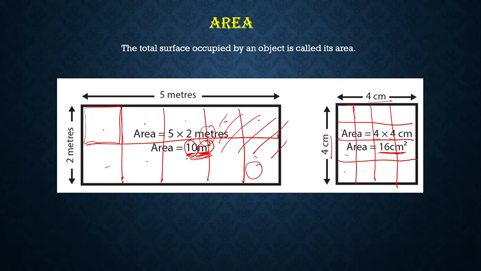Each box, the side is 1 centimeter. That's why when you say centimeter, every box is of 1 centimeter size. It's a square box, and how many square boxes do we have? We have 16 square boxes of 1 centimeter each. Here we have 10 square boxes of meter, one side is of meter each.